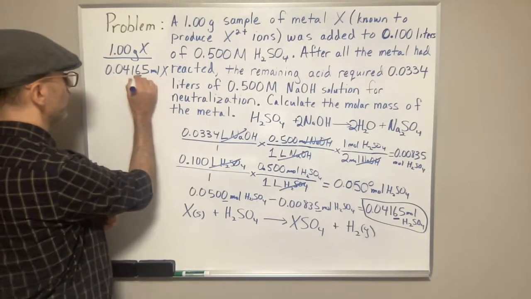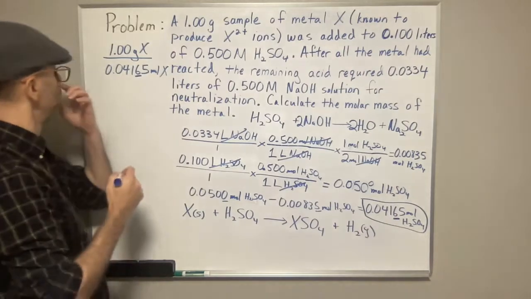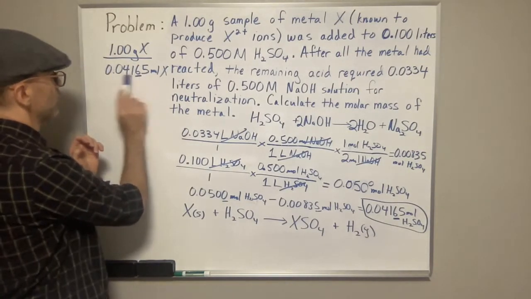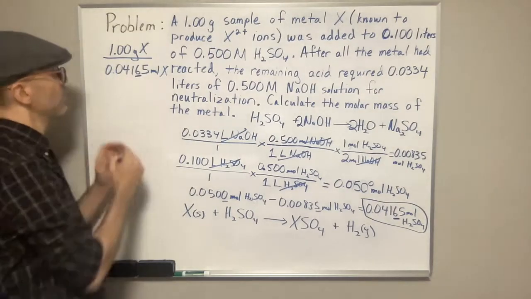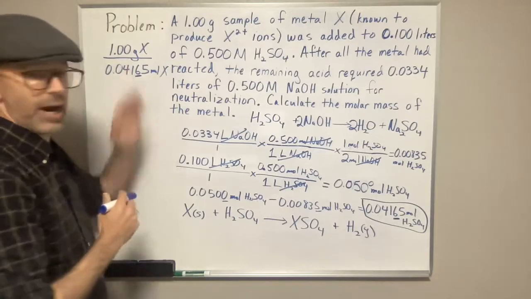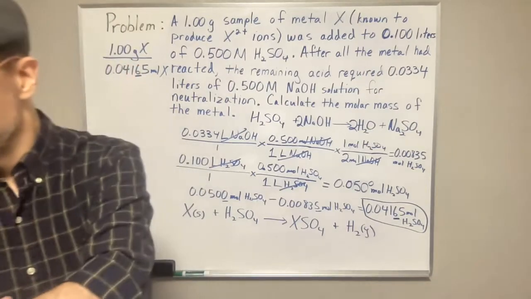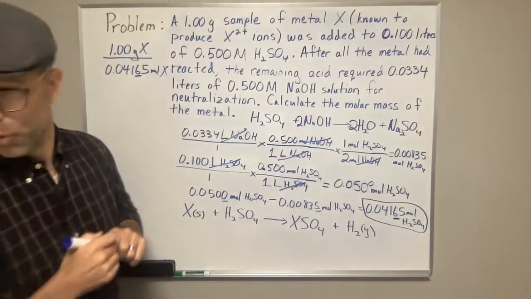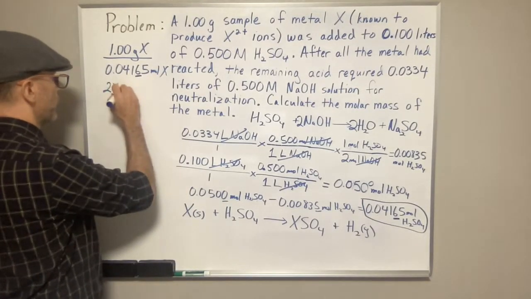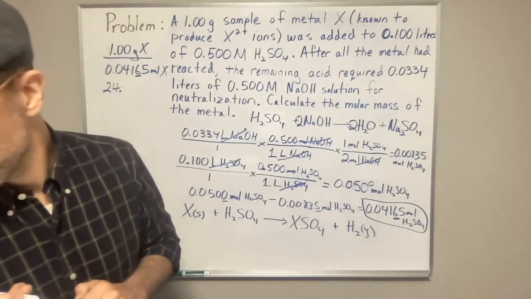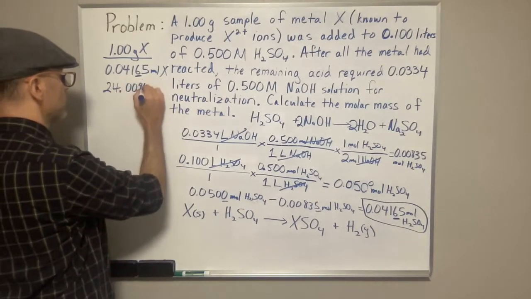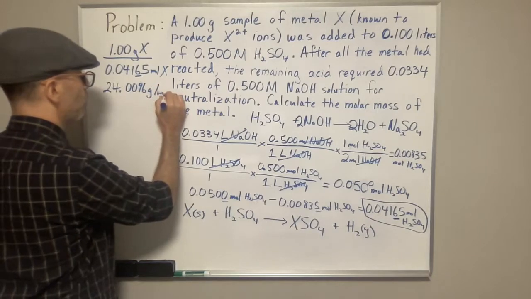So here we go. This has 3 sig figs. This has 3 sig figs. The zeros don't count. So our answer should have 3 sig figs. So when we divide this, we get 24.0096 grams per mole.